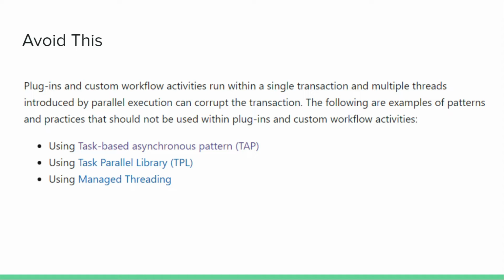So if you implement multiple threads using multi-threading and parallel processing, because plugins and custom workflow run in a single transaction, it may corrupt the transaction, which is very risky, right? So the following example patterns should be avoided. If you have any code written through multi-threading or parallelism, you have to remove your code and redesign it by following these best practices.